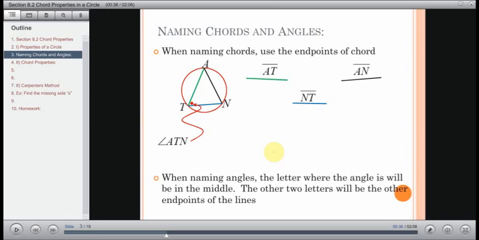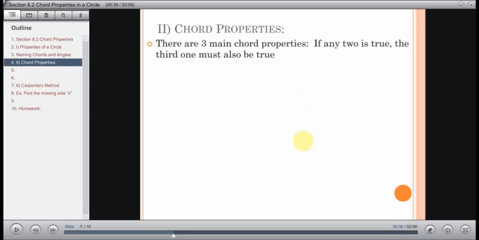You could also say NTA, that works as well. You can switch the two outside letters around, but the middle letter tells you where the angle is. If you have an angle at N, you could call it TNA or ANT. And if there was an angle up by the A, you could call it NAT.